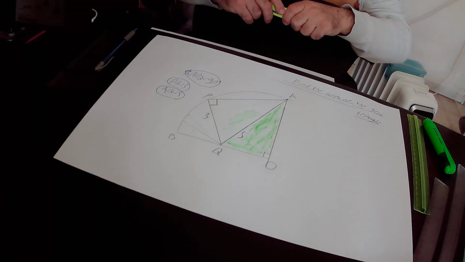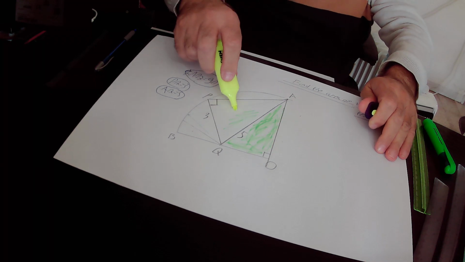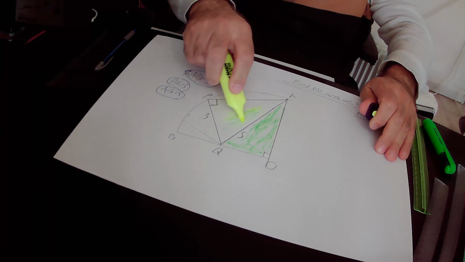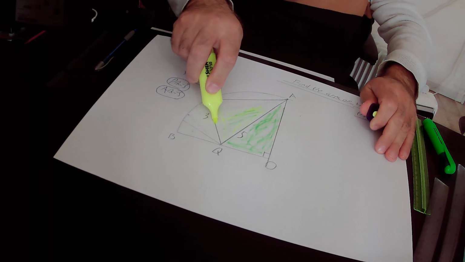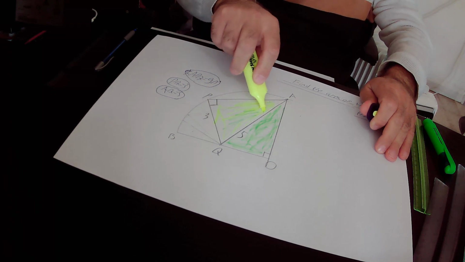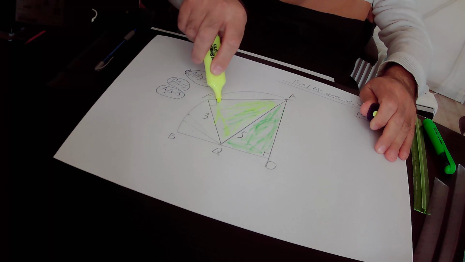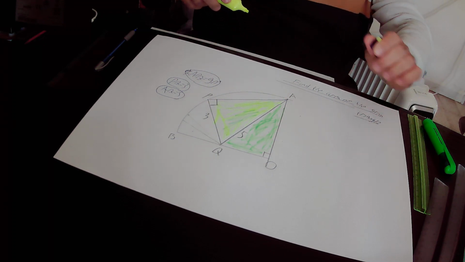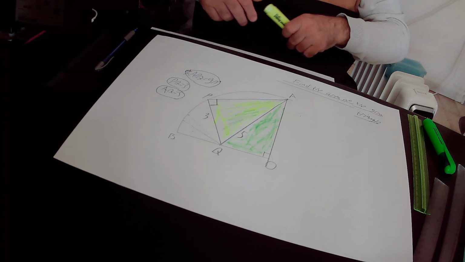So first of all, we will focus on the right triangle APQ, the right yellow triangle APQ, and we will apply the Pythagoras theorem to this right yellow triangle APQ.